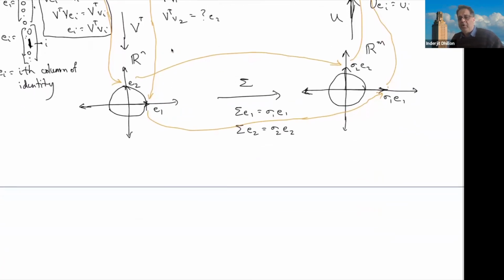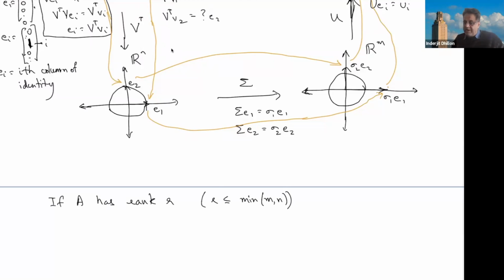And then I think Hormuz had asked me, okay, what is the point of carrying around these vectors U r plus 1 through Um? So again, a very beautiful characterization of the singular value decomposition is the following. If matrix A has rank r, and r has to be less than or equal to the minimum of m and n. And if m is greater than or equal to n, it means that r is less than or equal to n.